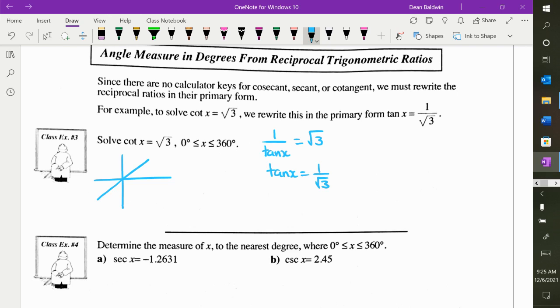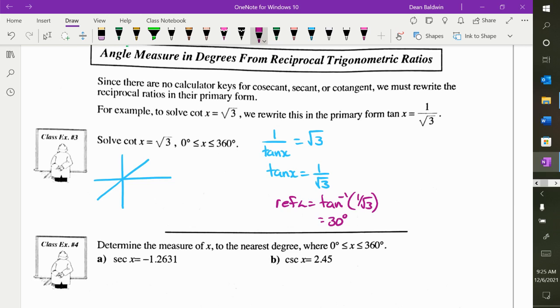I know what quadrants I'm in. I have a primary trig ratio, which is what you're trying to get. Now I have to solve for my reference angle. What is my reference angle? What is it? I don't know. You tell me.